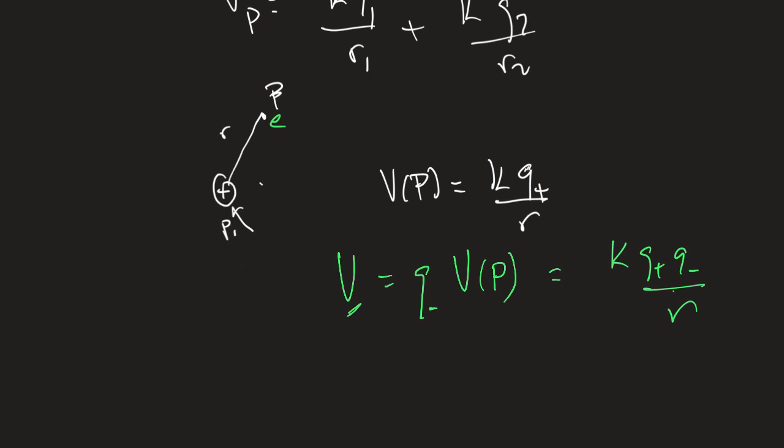It is negative because positive times negative gives a negative sign, and this is the potential energy of the system. So knowing the potential at the point P, whatever charge Q you place at the point P, the potential energy will be that Q times the potential at the point P.